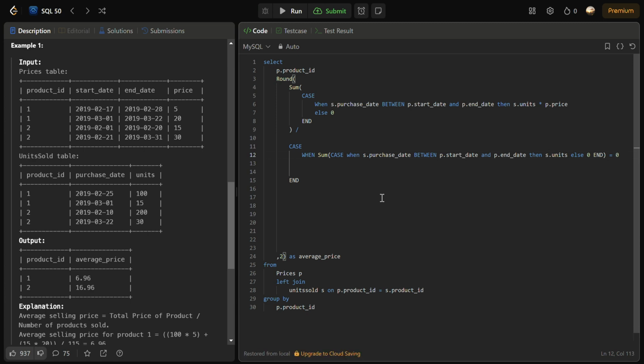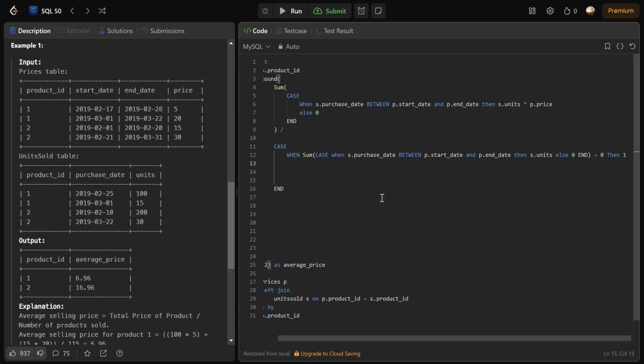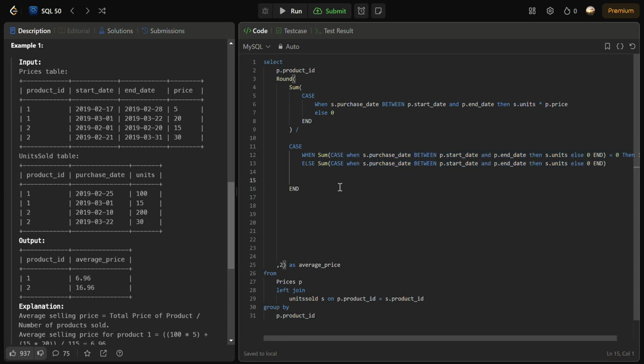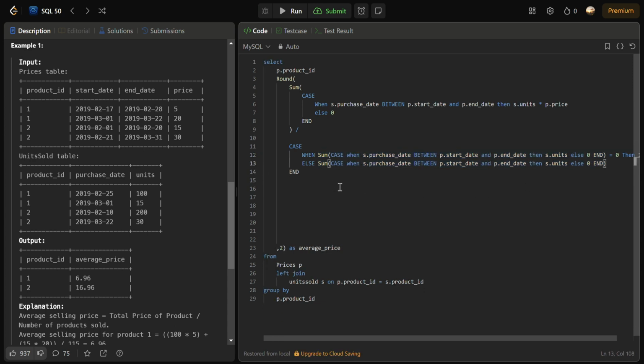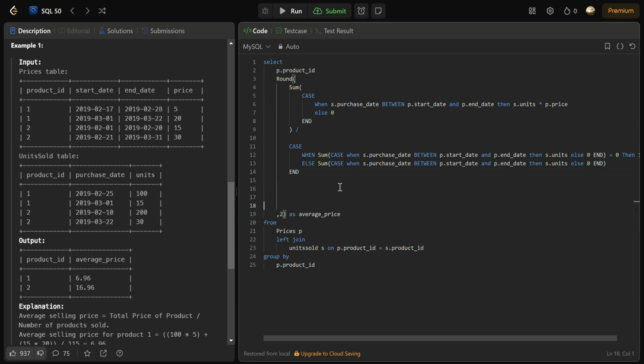Otherwise it will return the other part. So it's just done with this part. Okay, so let me explain.